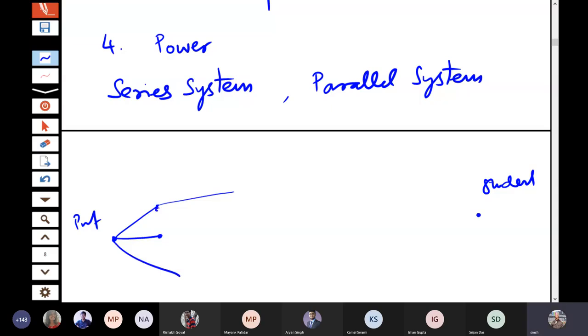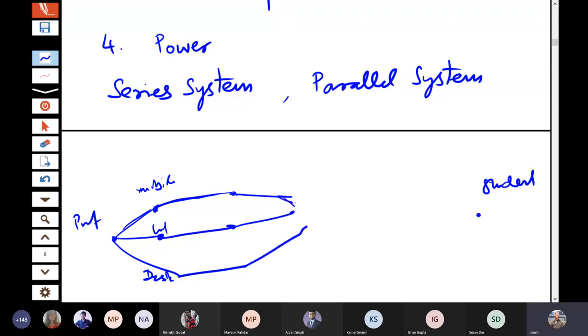for example, I may use say mobile, laptop and desktop. I have say 3 different units arranged here, and so at least one of them should be functioning. With each of them I have some connections, like I mentioned that for the writing I am using a screen, then there is a pen here, and then the internet connection, and then it is transmitted to the end of the student.